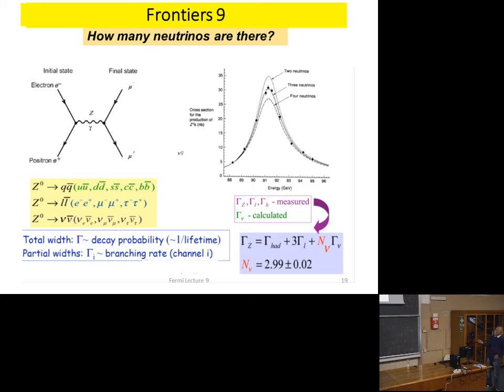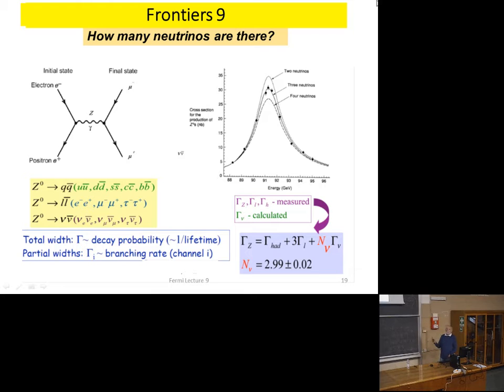This shows the three curves here are the widths that it would have if there were only 2 neutrinos, 3 neutrinos, or 4 neutrinos. And you can see that the data points, which are shown here, fall very nicely onto 3 neutrinos. So this is the experimental evidence, if you want, that there are 3 neutrinos in nature.